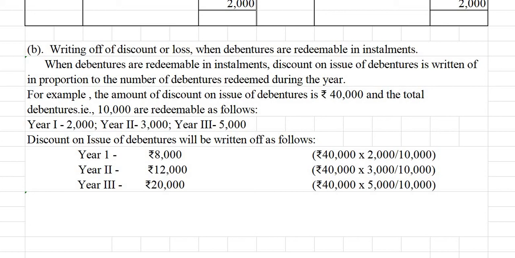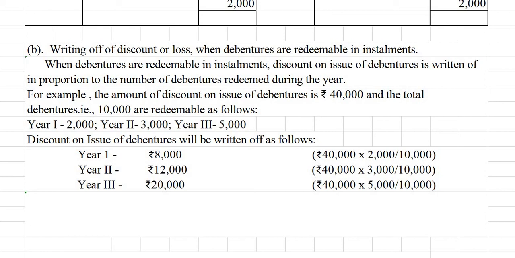And we have 40,000 rupees as discount. So 40,000 is the total discount, for all the 10,000 debentures. Out of that, 2,000 is redeemed. That is why here you can see in the first year rupees 8,000. What is given in bracket? Rupees 40,000, that is the total discount.